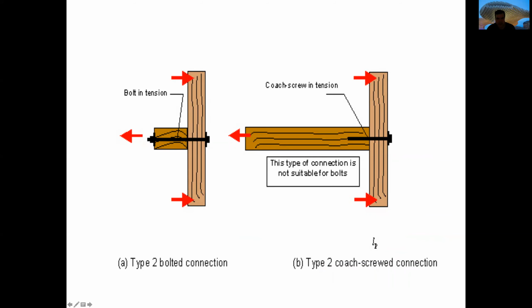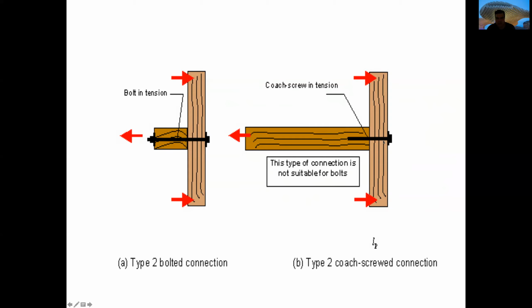And we have here a type 2 bolted connection, where we have a bolt that is taking all the surface from the start to the end of the element. Well, this connection is very strong in the left side.